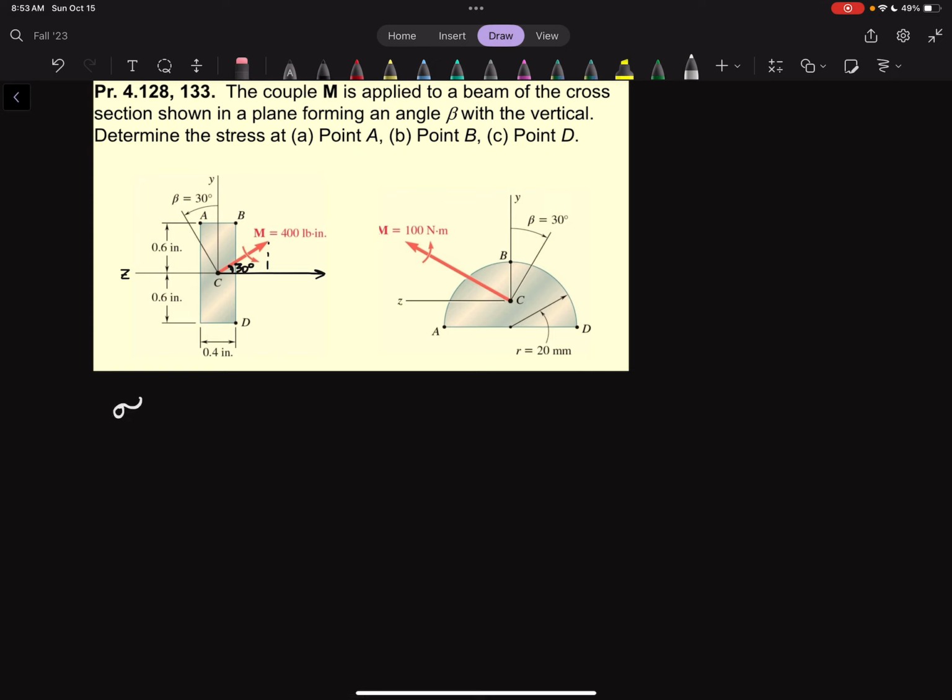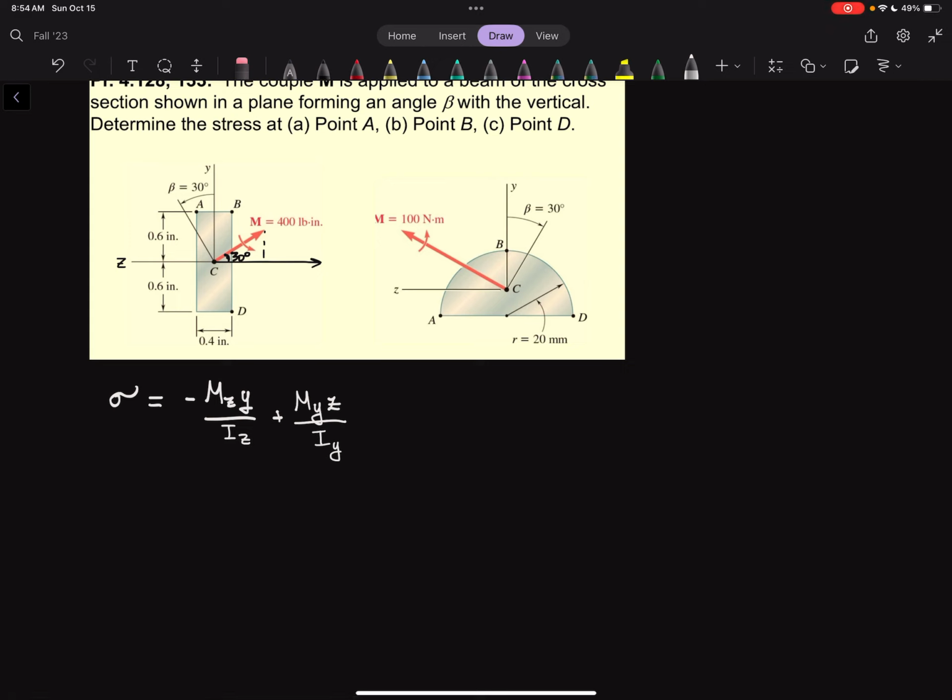So we know that the overall formula for a specific point is going to be equal to minus Mz y over Iz plus My z over Iy. And some of you might be asking, why does one have a minus and one doesn't? Well, if you think about a moment about y that is positive, this part would be in tension and this part would be in compression.